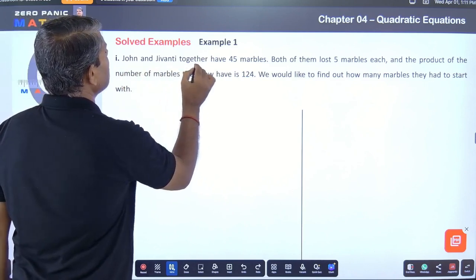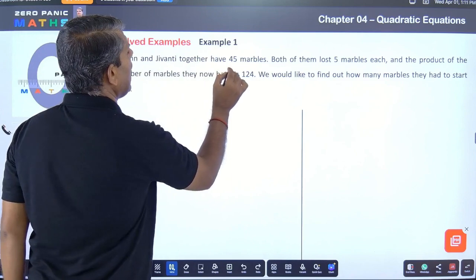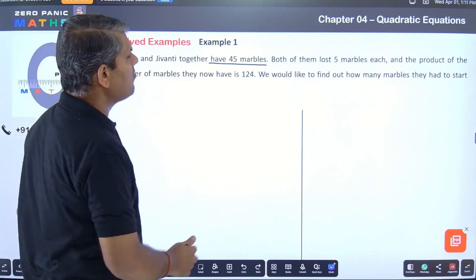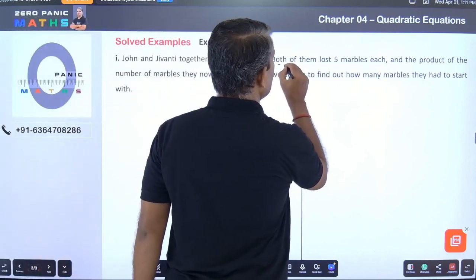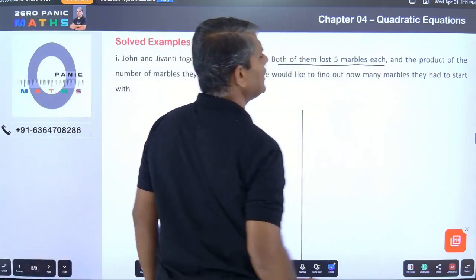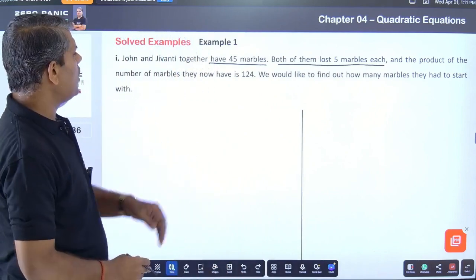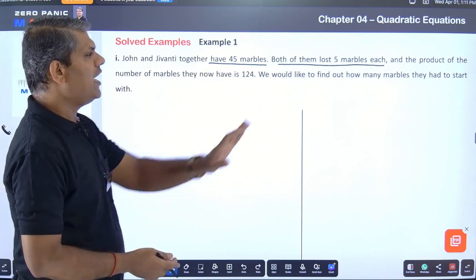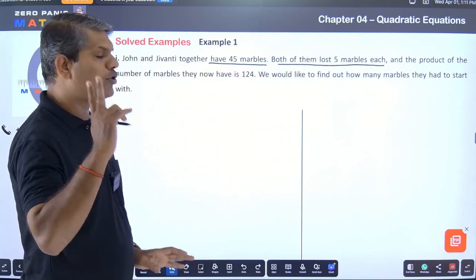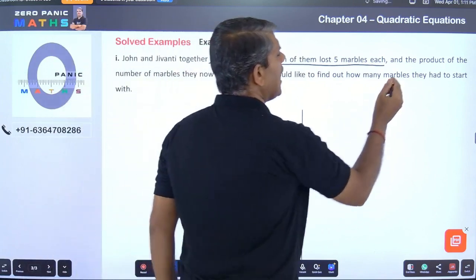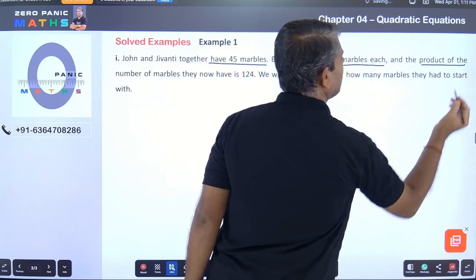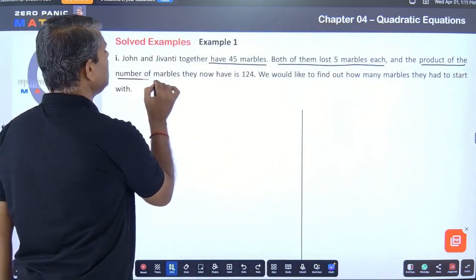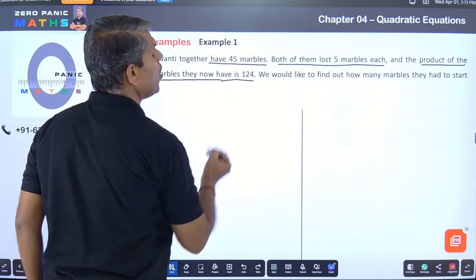John and Jivanti together have 45 marbles. Read it carefully, 45 marbles. Both of them lost 5 marbles each. First of all, together they had 45 marbles and they lost 5 marbles each. There are two situations given. And what exactly is given again? The product of the number of marbles they now have is 124.